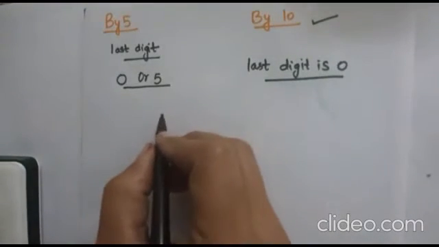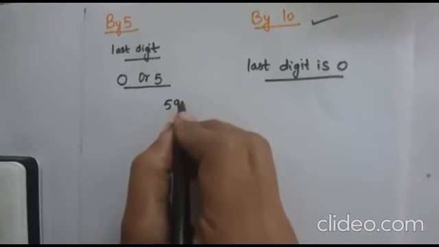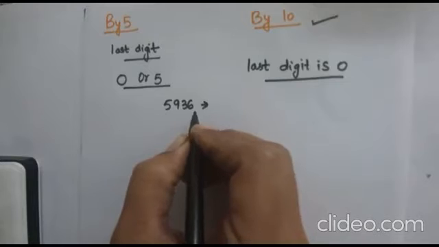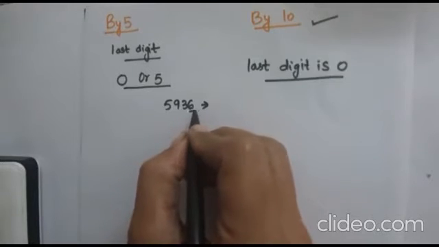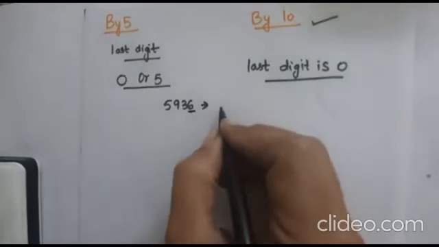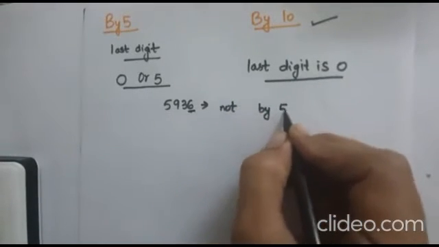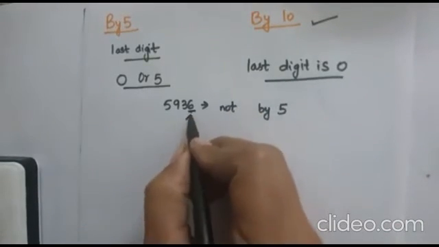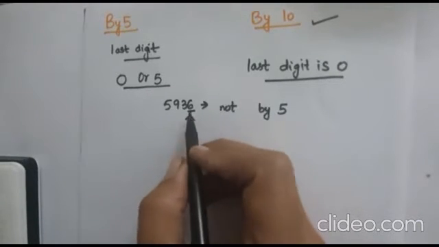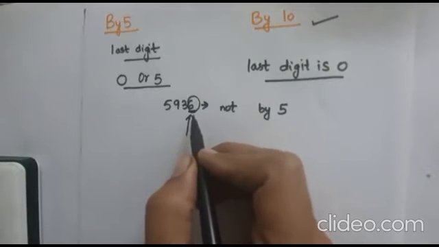Now let us take an example. 5936. Now here the last digit is 6. So this number is not divisible by 5. Also, this is not divisible by 10 because the last digit is 6 again.